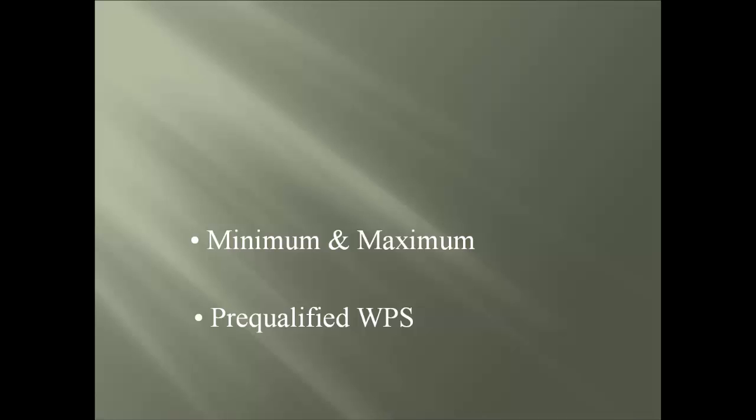As we covered earlier in the seminar, a pre-qualified WPS is a written living document that includes the recorded values for each variable approved by the D1.3 code that will produce a sound weld assembly.